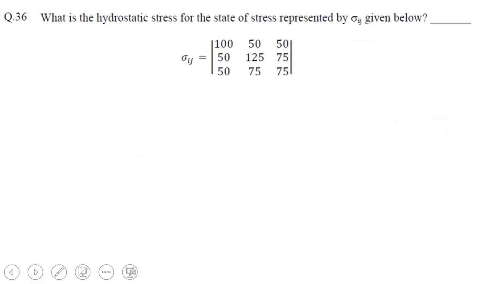Next, what is the hydrostatic stress for the state of stress represented by sigma ij given below? So this is the sigma ij, and here it is asking about the hydrostatic stress.